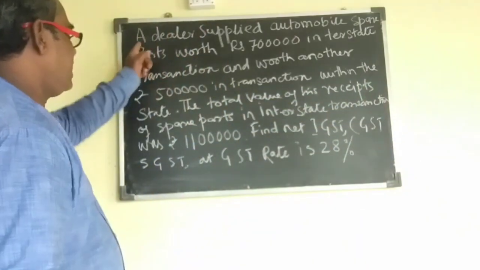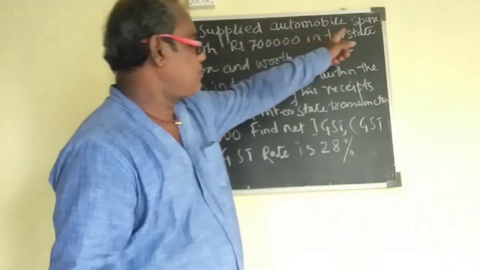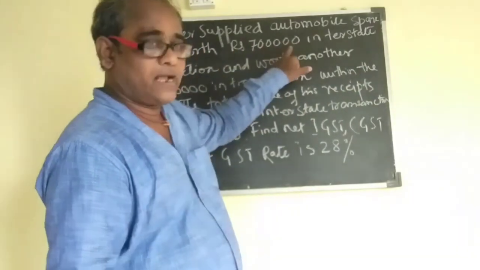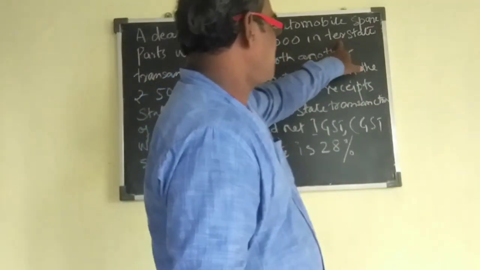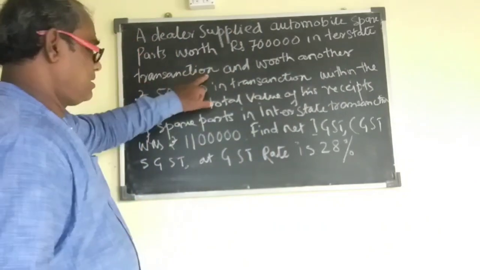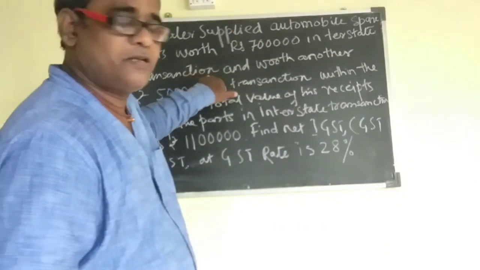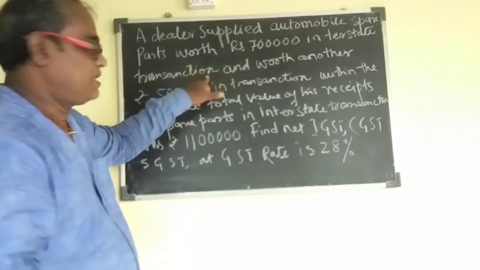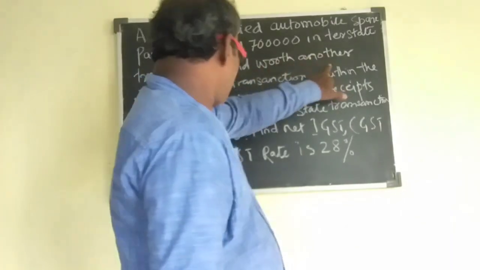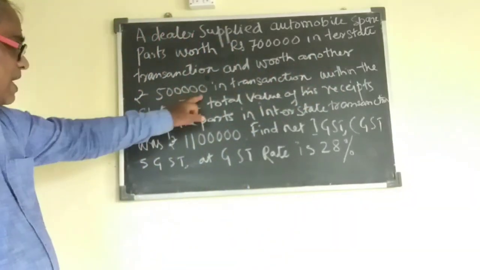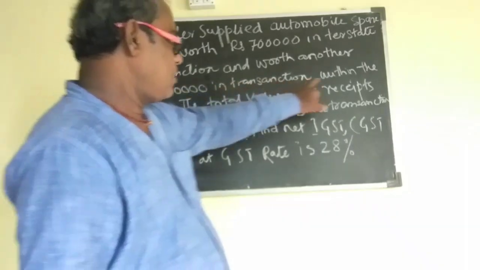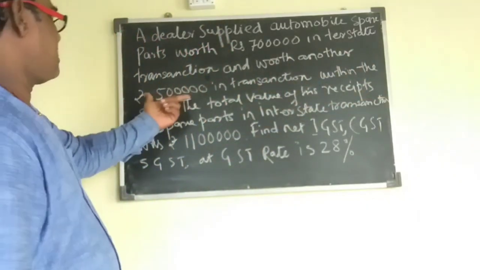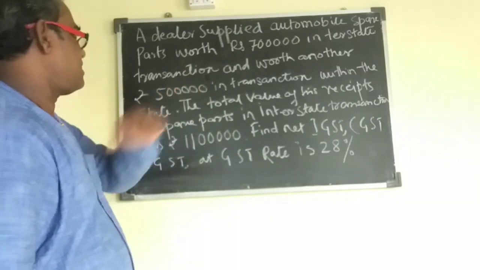The question is: a dealer supplied automobile spare parts worth rupees 7 lakh in an interstate transaction. You know what is the meaning of interstate transaction? That means they are selling the goods out of state, and worth another rupees 5 lakh in a transaction within the state.